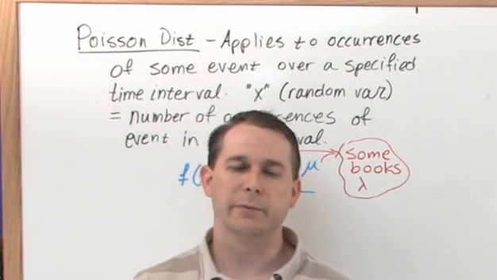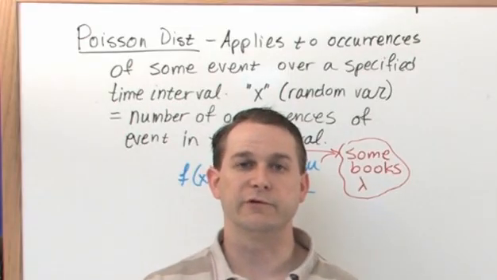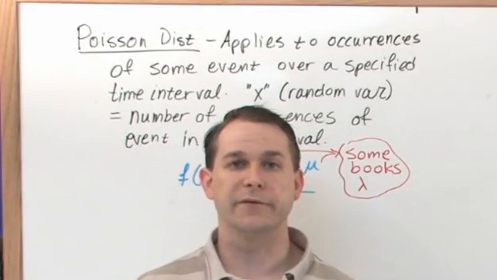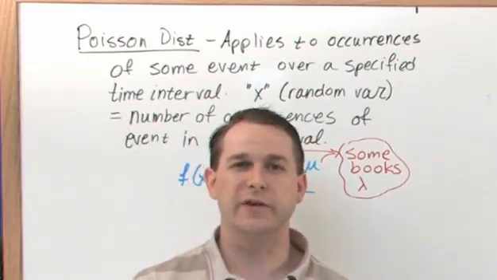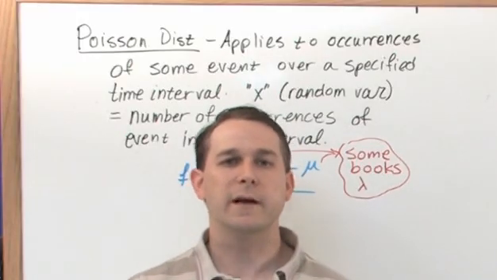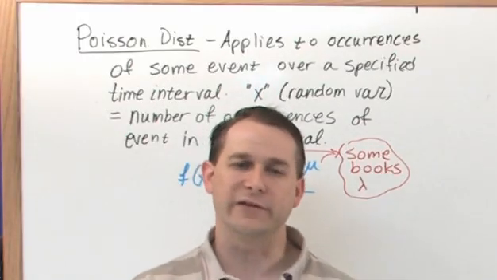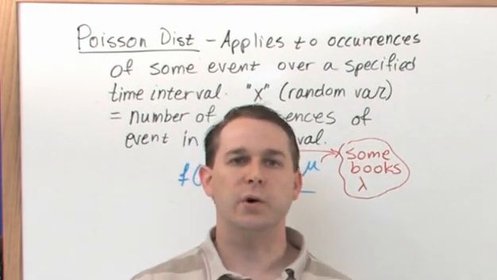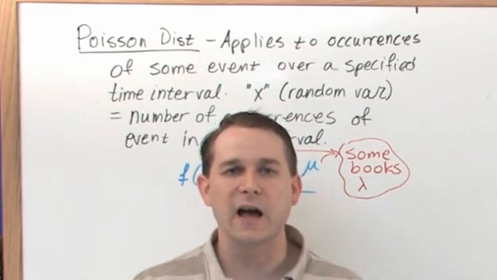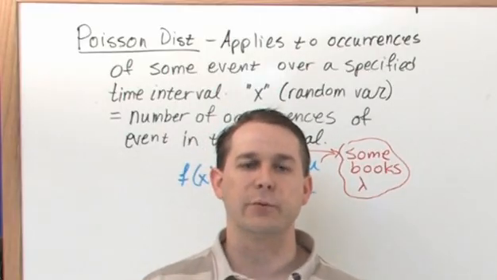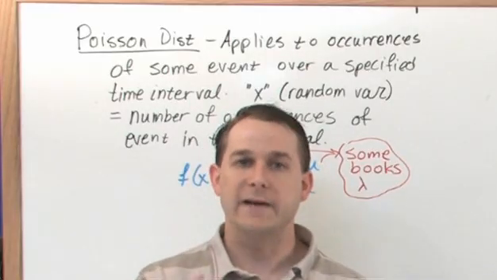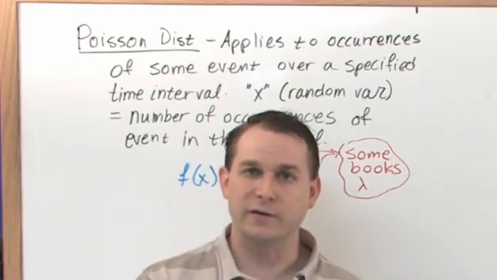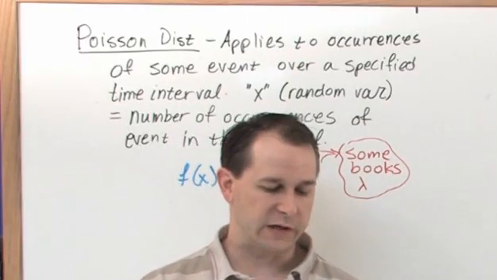So all of these problems, when you're doing the pure Poisson distribution problems, are going to involve some time interval or some sort of interval that you're going to look over, some number of occurrences happening in a time interval. So that's the real key for the Poisson distribution. If you have something happening per unit time or per unit area or something like that, where you're looking for a number of occurrences to happen in a certain area or time, that's what you're really going to use the Poisson for.